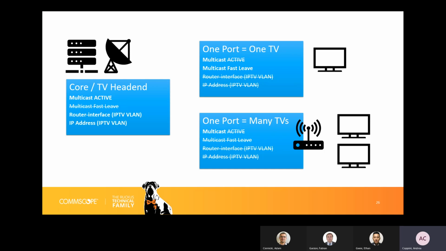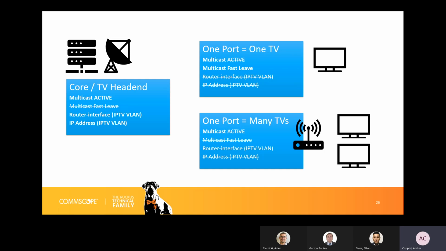It just means that as you're changing channels, the switch will continue sending previous channels to the TV until it times out. As long as the TV can handle multiple streams, there will not be any impact. But if you do enable multicast fast leave, it's a bit cleaner, in the sense that as the TV changes channel, the switch immediately stops sending the last channel to that TV.